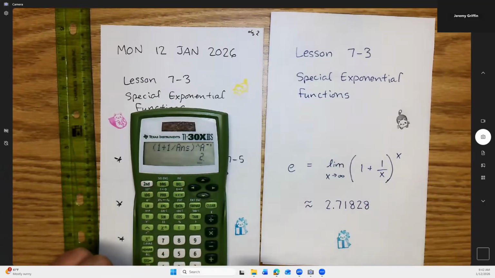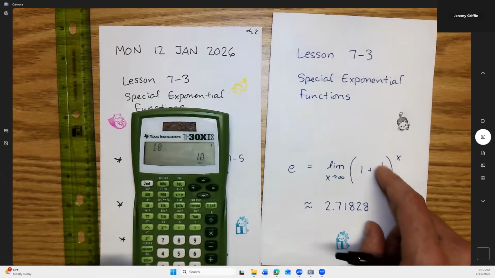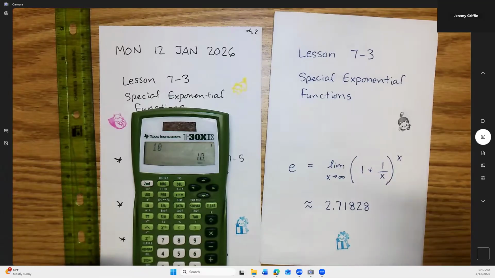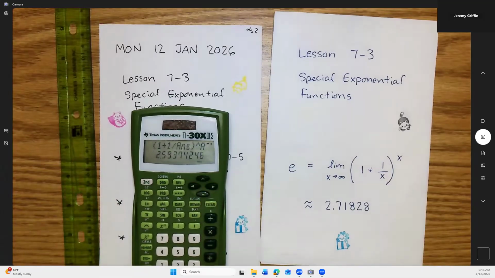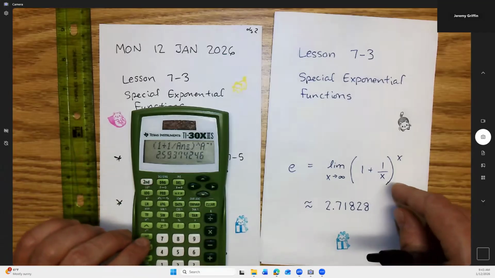Let's plug in 10. 1 plus 1 over 10 is 1.1, raised to the power of 10. That's 1.1 multiplied by itself 10 times. If I plug that in, I get 2.59 something. Let's keep going.